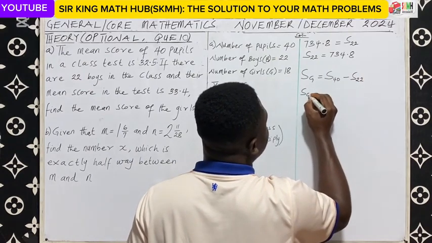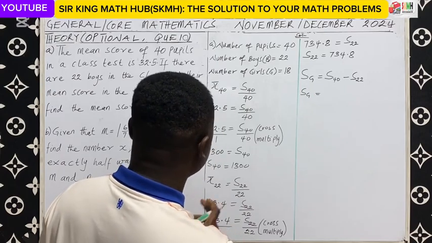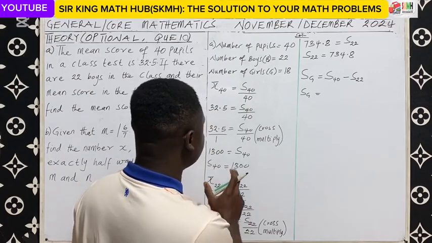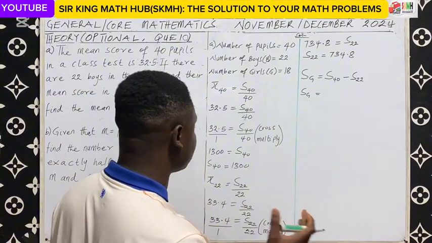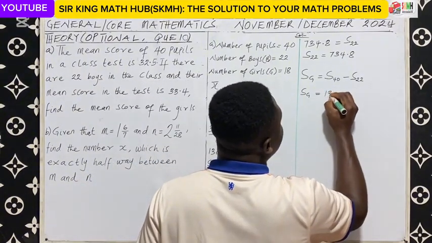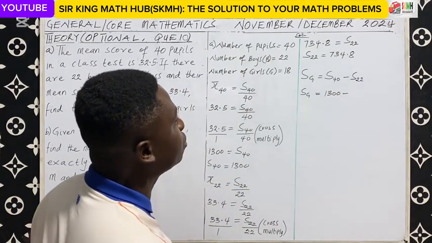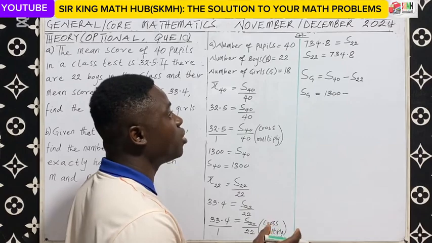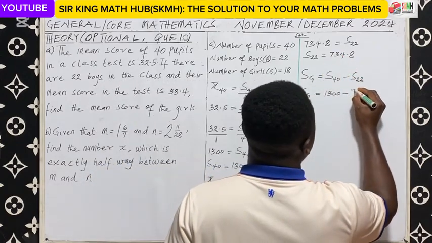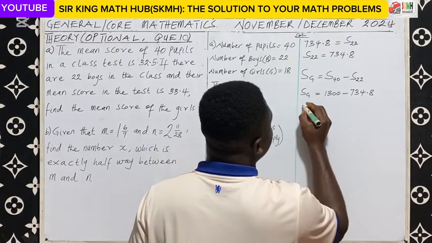So we can do the substitution. The total sum of the individual scores of the 40 pupils, we had 1,300. Then the total scores of the 22 boys, we had 734.8.